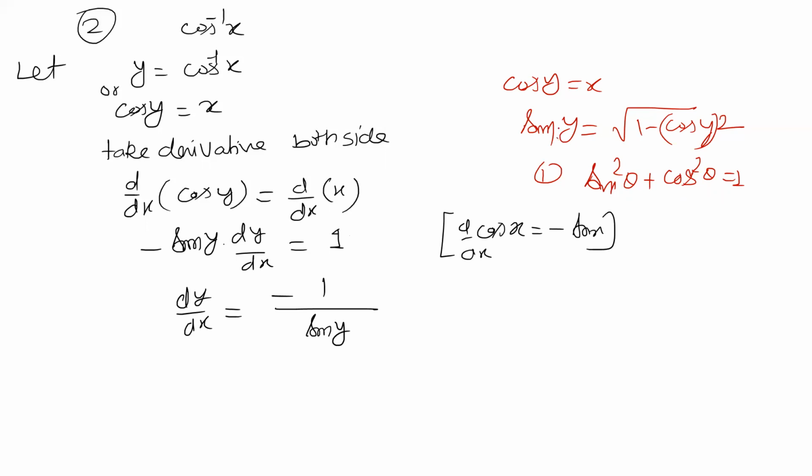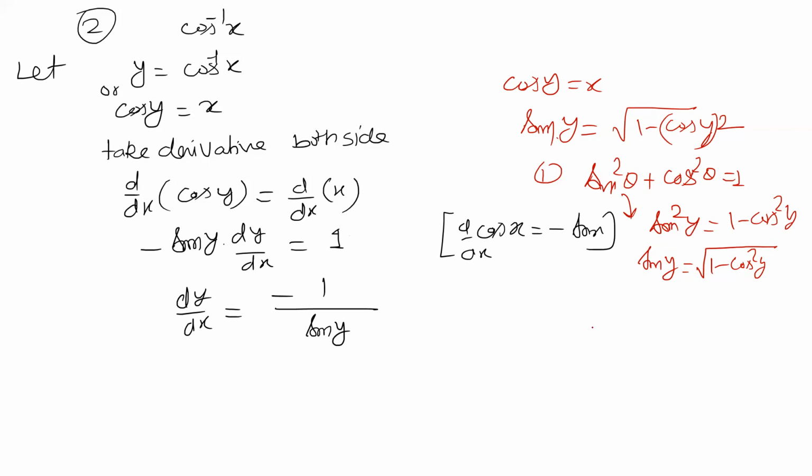Here the variable is y, so just put the variable y and find it. Sin square y is equal to 1 minus cos square y. Then sin y is equal to under root of 1 minus cos square y, because if you take the square to the right side, you will get a root.